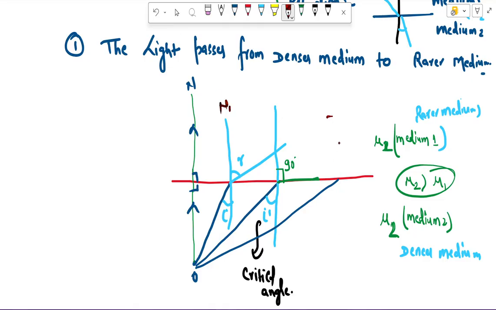The light is totally reflected back into the same medium. This one is i double dash and this one is r. The light passing from the denser medium to the rarer medium does not go into medium 1 and is internally reflected. This phenomenon is known as total internal reflection.